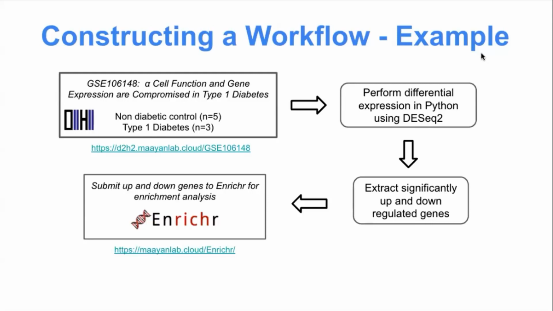We can then perform differential expression analysis in Python using DESeq2 in order to find differentially expressed genes between these different experimental conditions. After extracting the significantly up and down regulated genes, we can then submit these genes to Enrichr in our workflow using the Enrichr API to find enriched terms or pathways for these up and down gene sets.